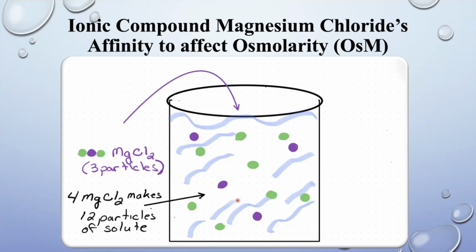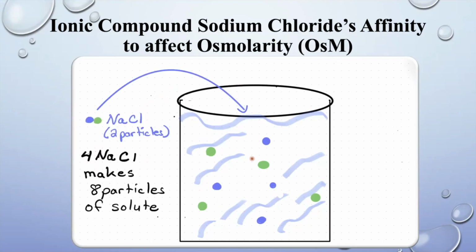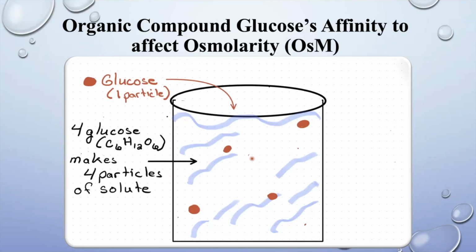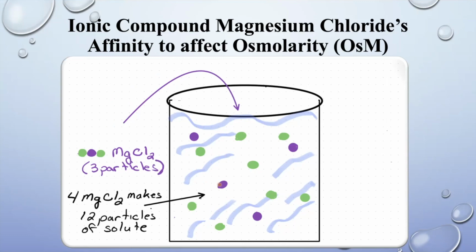I'll let you count them up. So this has a greater affinity to draw on water than if you were to put in sodium chloride, and than if you were to compare it to glucose. So this is definitely going to make more of a hypertonic solution.